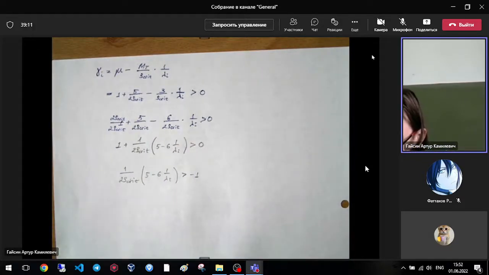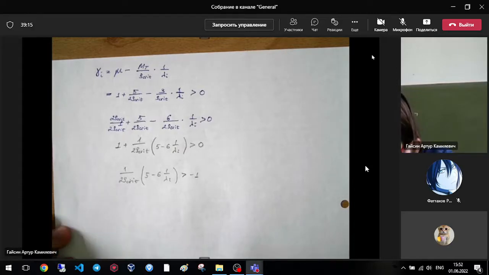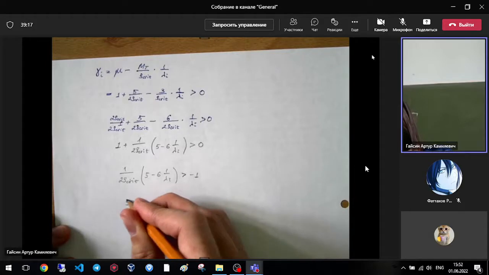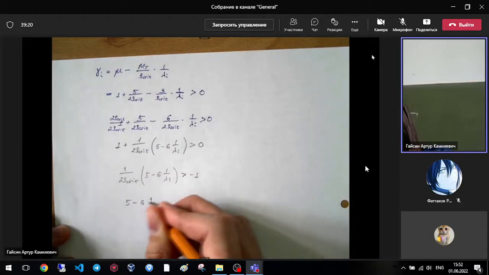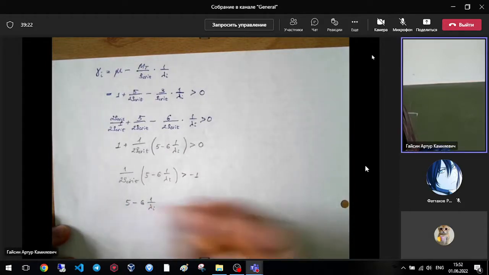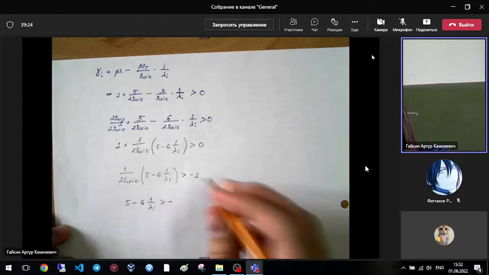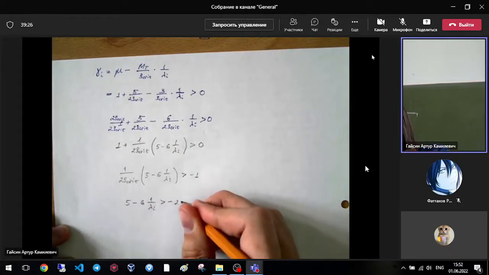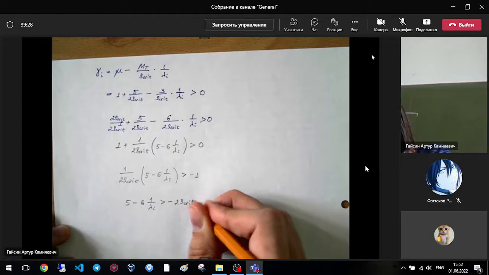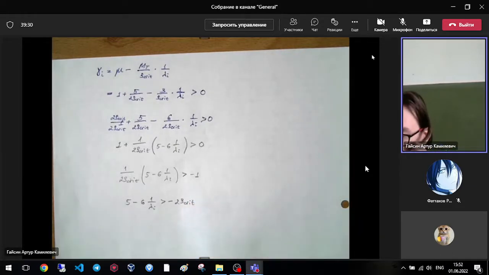Then multiply both sides by 2 rho critical. So this thing, 5 minus 6, will have something like this, minus 2 rho critical. Then we can multiply both sides by minus 1 to change the sign of this rho critical.